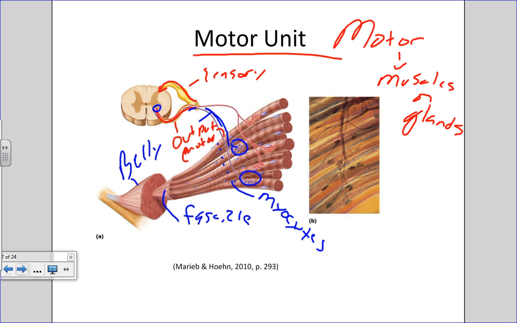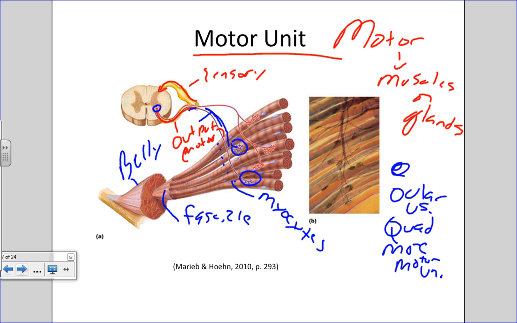So think about this for a second. Let's say we're looking at an ocular muscle versus, I don't know, a quadricep muscle. Which one of those two do you think would have more motor units?